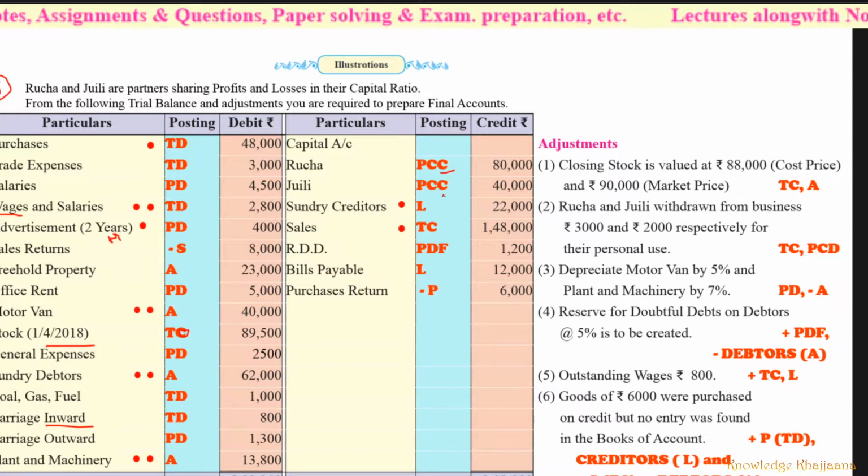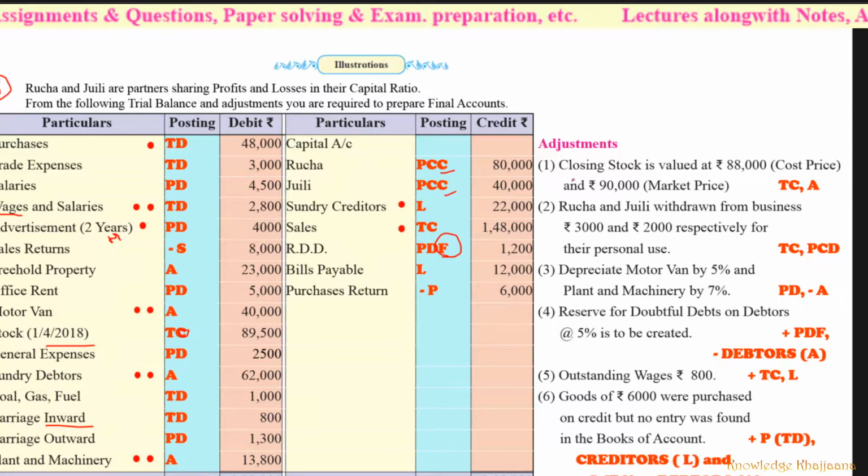Julie, partners capital account, credit side. Sundry creditors, liability. Sales, trading account, credit side. Reserve for doubtful debts will go to the profit and loss account, debit side as per the formula. Bills payable, liability. Purchase returns will be deducted from purchases.